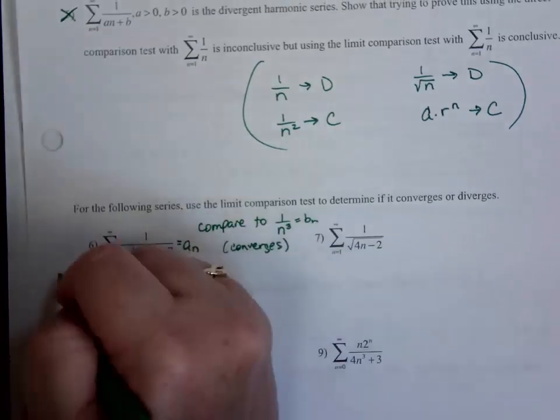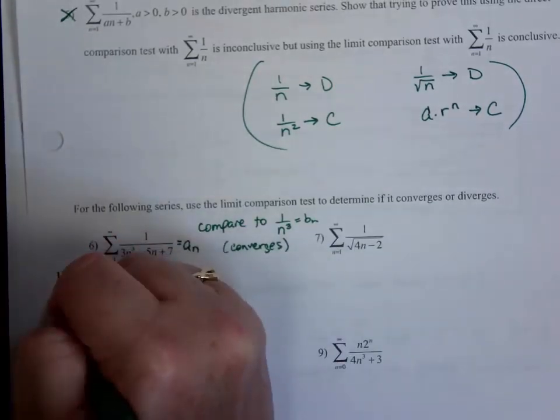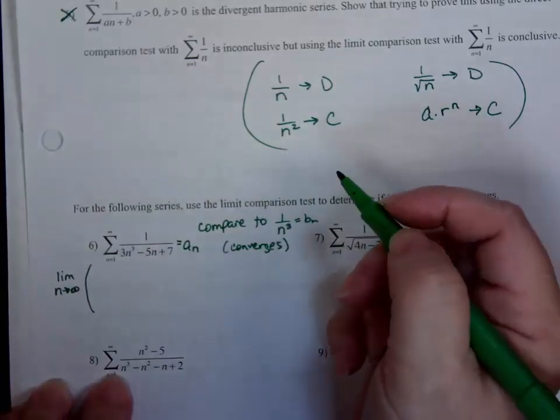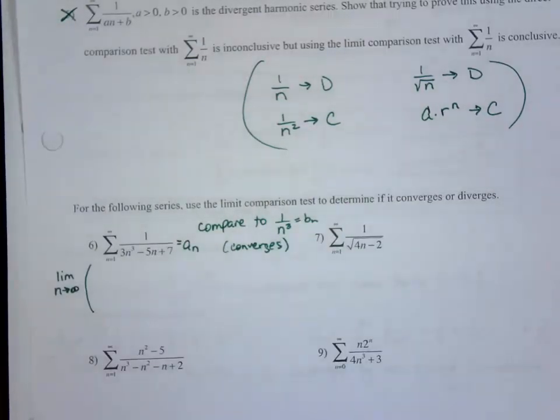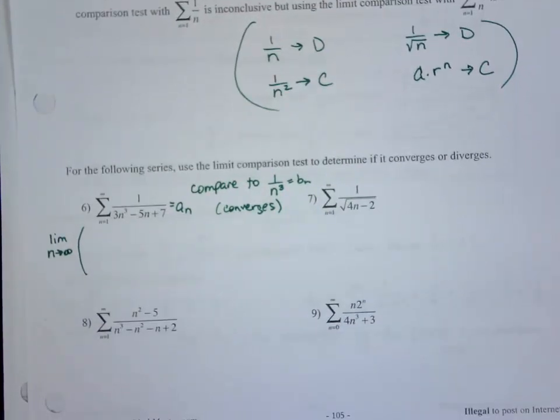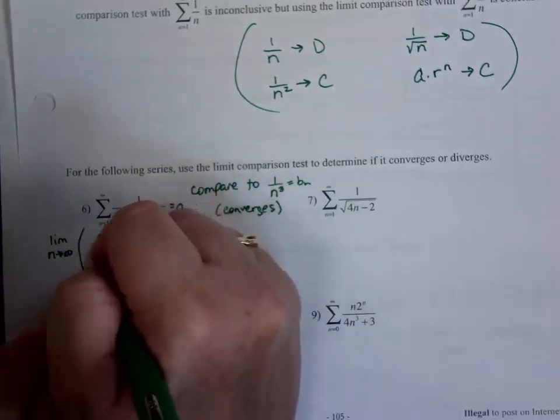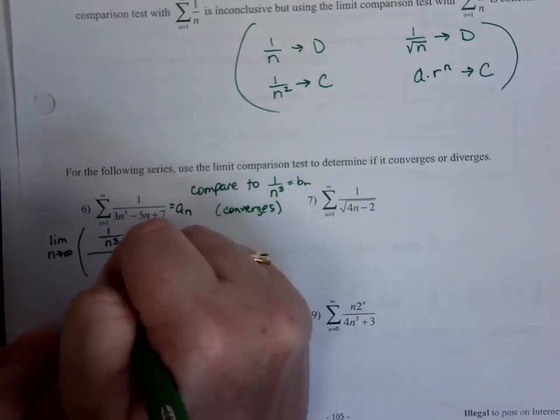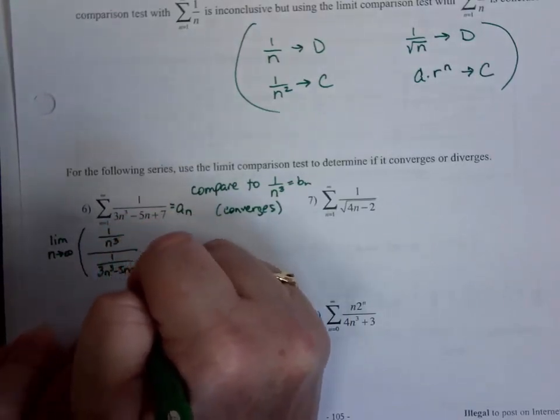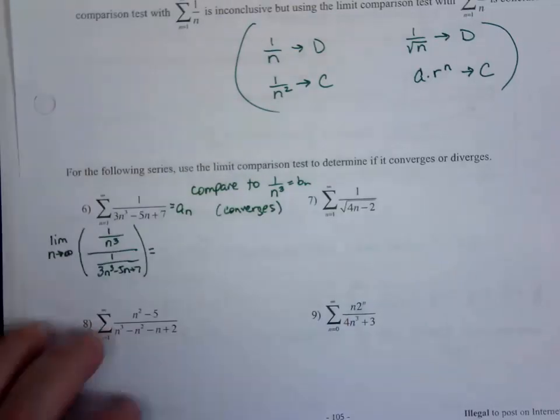So now we're going to go ahead and set up our limit. Limit as n approaches infinity, big parentheses. Now, once again, which one do we put on the top? B. The b of n, the simple one. 1 over n to the third on top over 1 over 3n cubed minus 5n plus 7 equals.